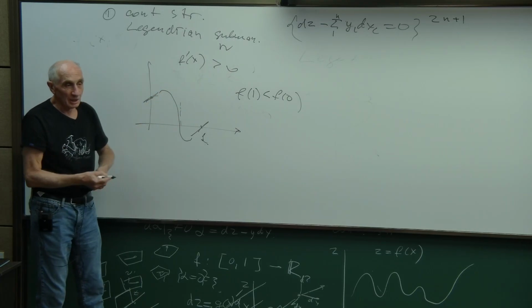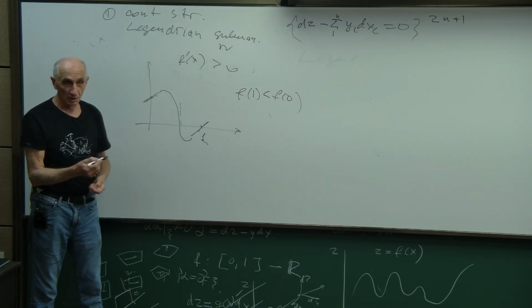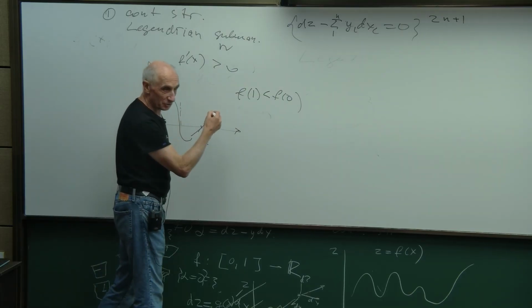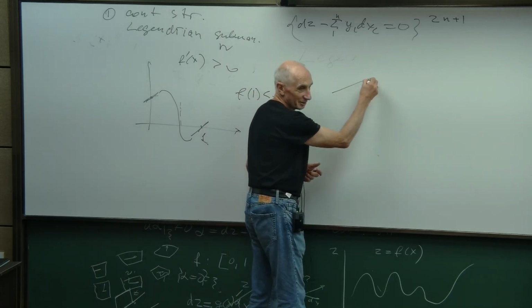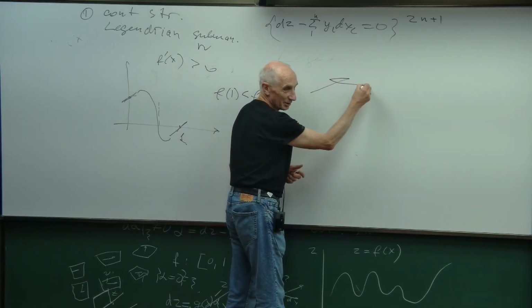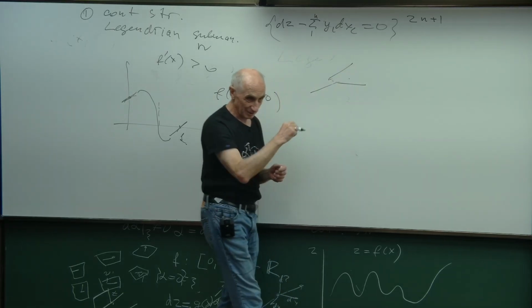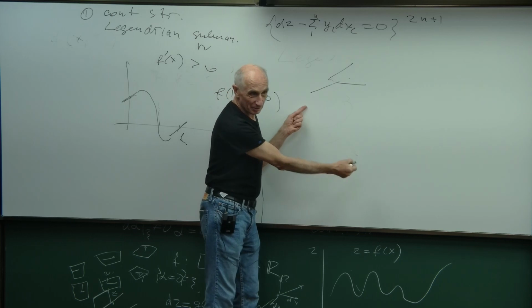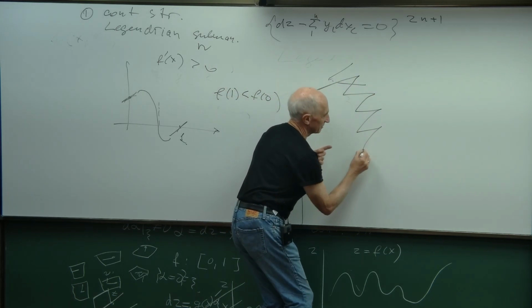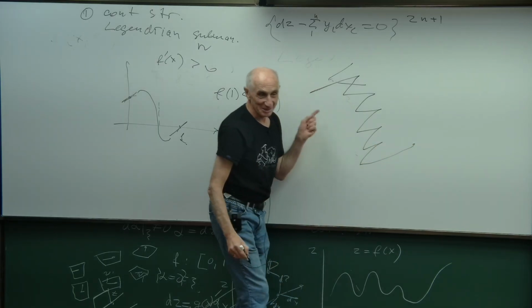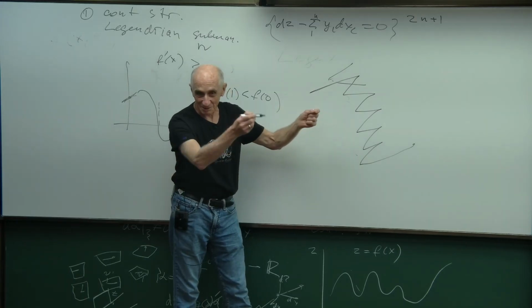So the question is, does this property hold for a general Legendrian curve? That means you have a front, and the front would go like this, always with positive slope as you want, but still you want to come to some point. And of course you can come to any point, right? Because you are allowed to turn at a cusp and go backward with positive slope.